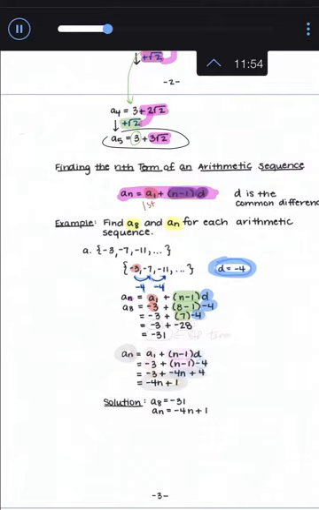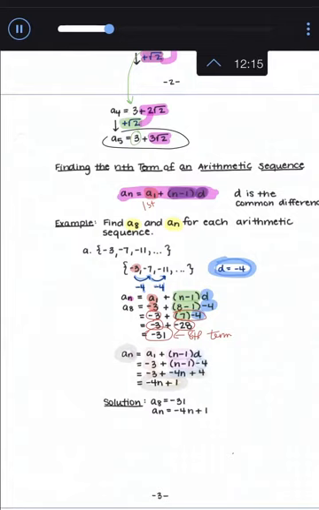So we'll do -4 seven times, which is -28, and add that to our first term, -3. So -28 plus -3 gives us a total of -31. That is our 8th term.